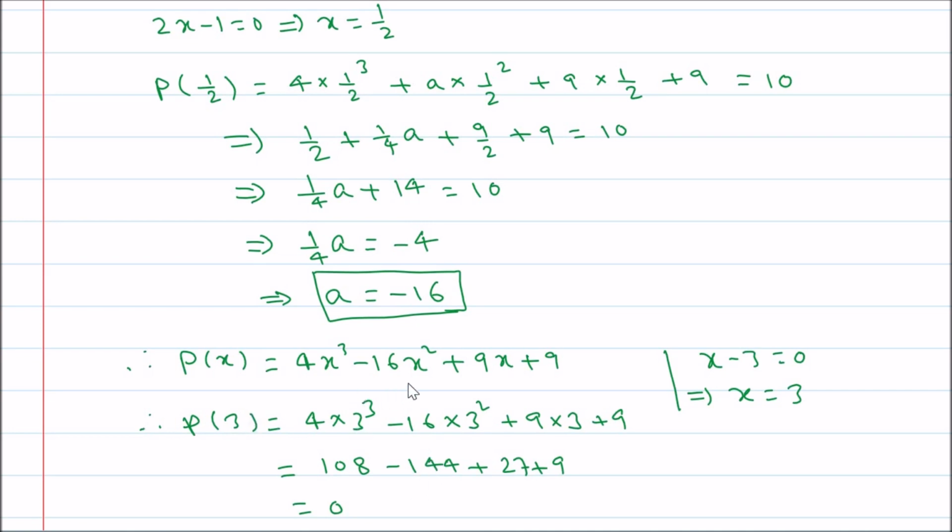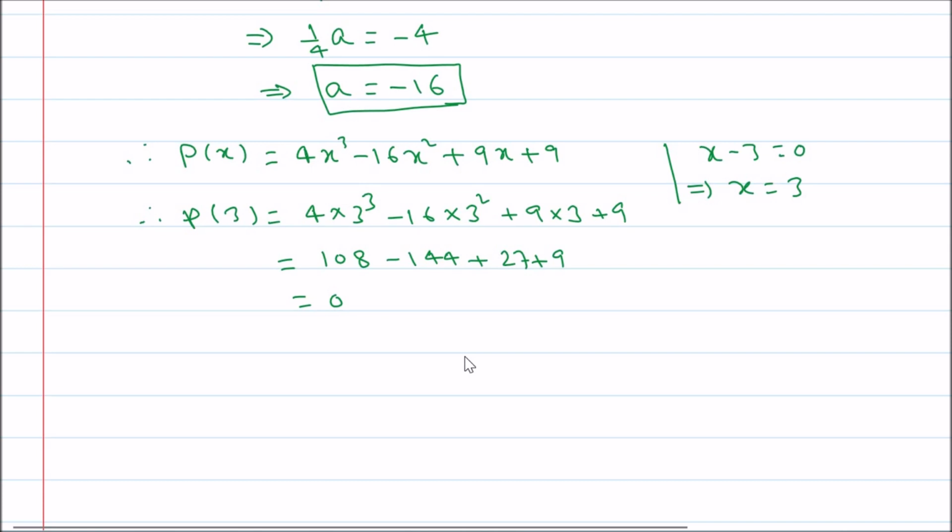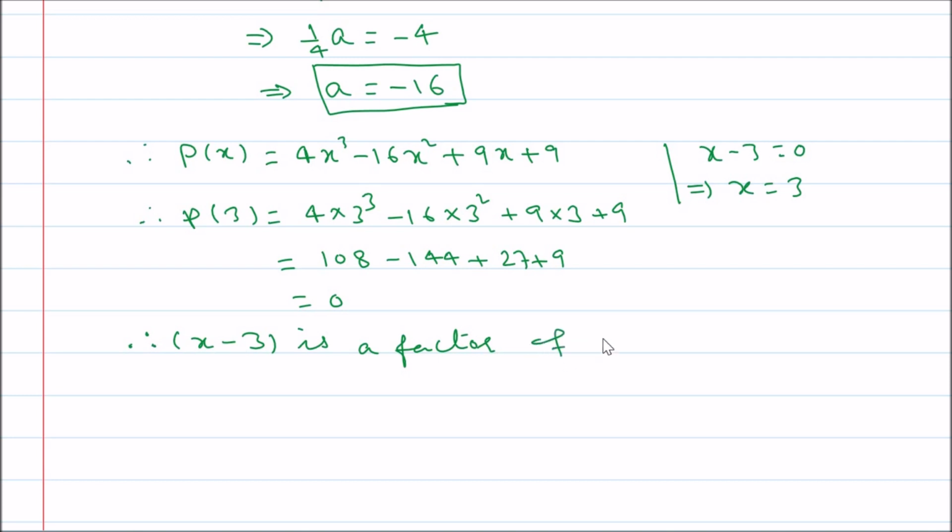So we got p(3) equal to 0, that means x minus 3 is a factor of the polynomial. So we will write here, therefore x minus 3 is a factor of p(x). Done.